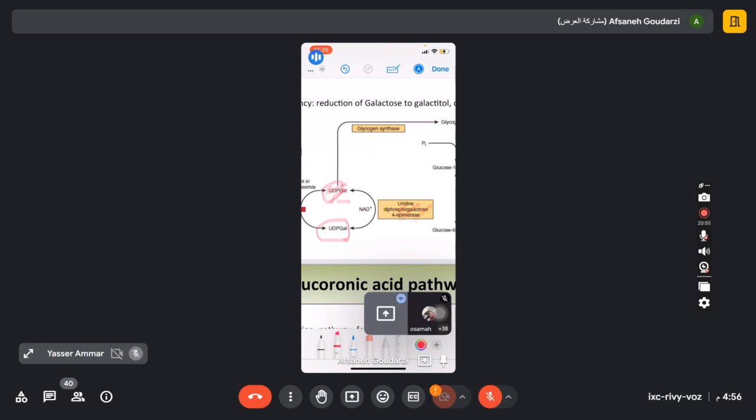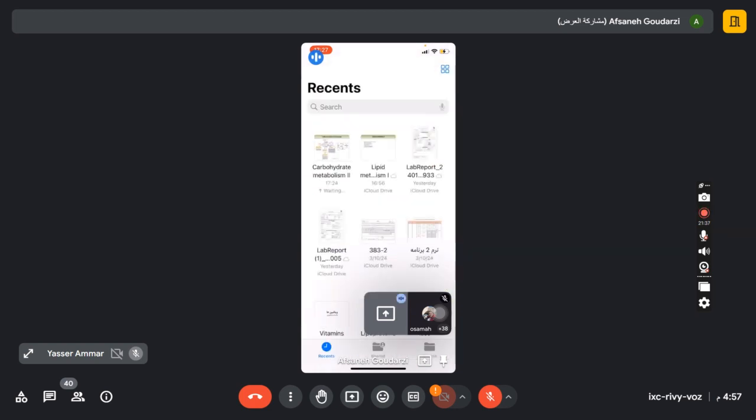Then in the next reaction, the enzyme uridine diphosphogalactose 4 epimerase, you should have learned that galactose and glucose are epimers of each other, 4 epimers. So this enzyme can change UDP galactose to UDP glucose, and then we have reached glucose.